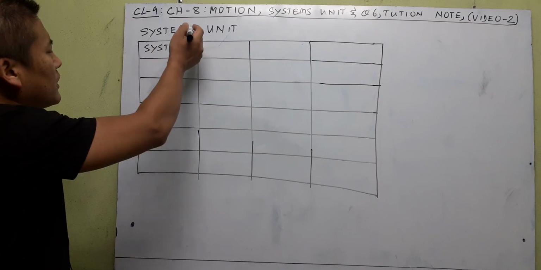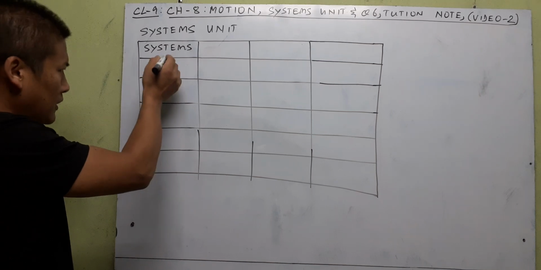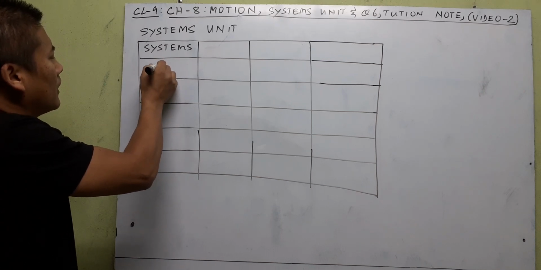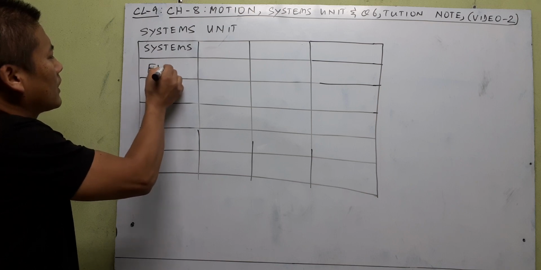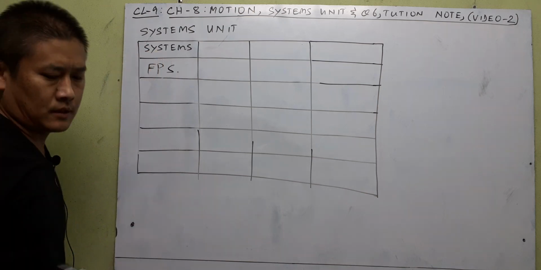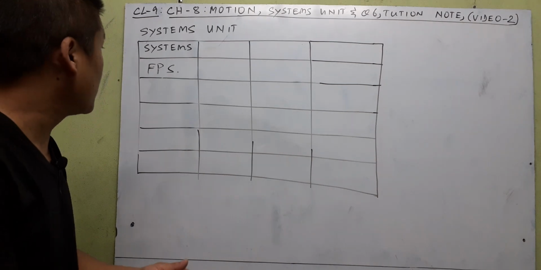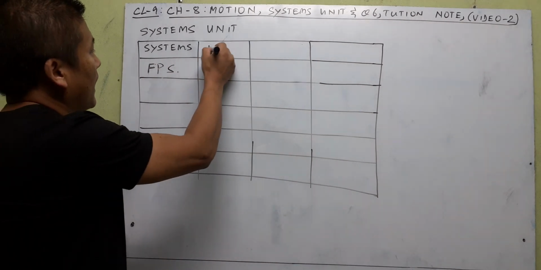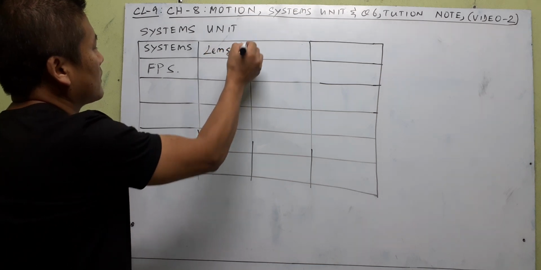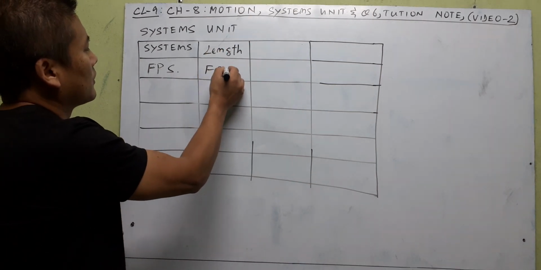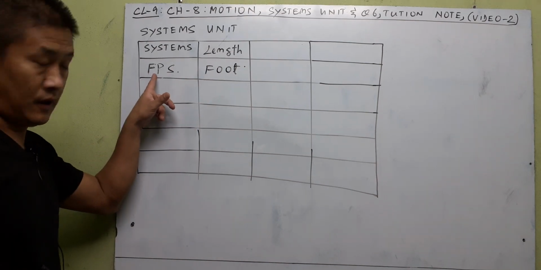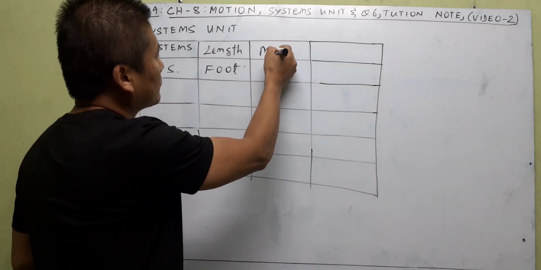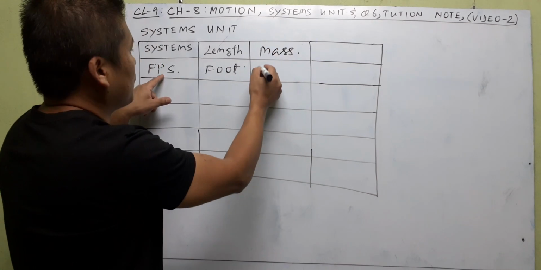One of the systems that they used in the earlier times was called the FPS system. Now, this FPS stands for: for measurement of length or distance, we will use foot. And for measuring mass, we will use pound.